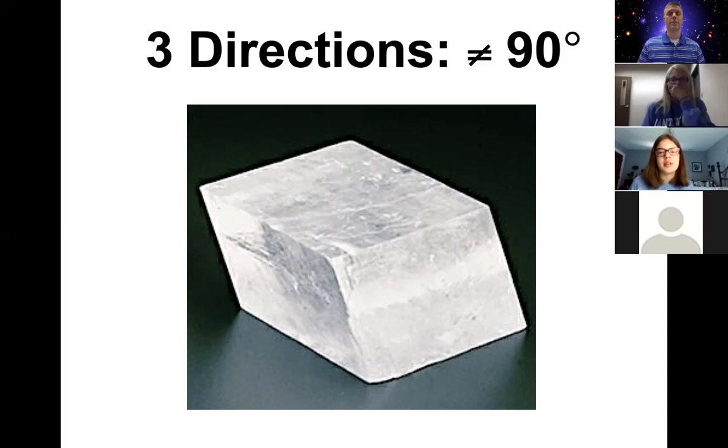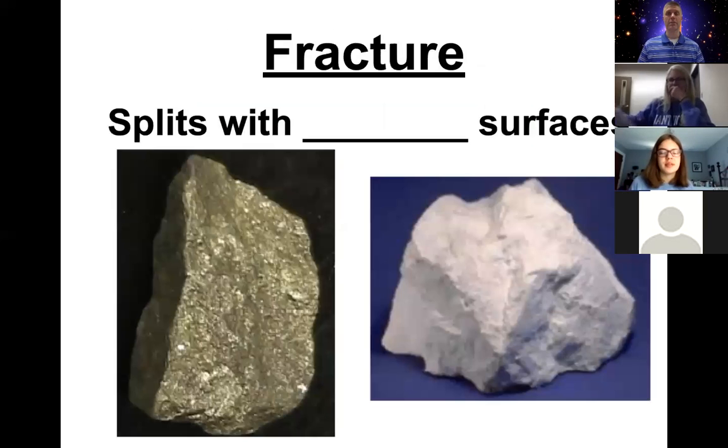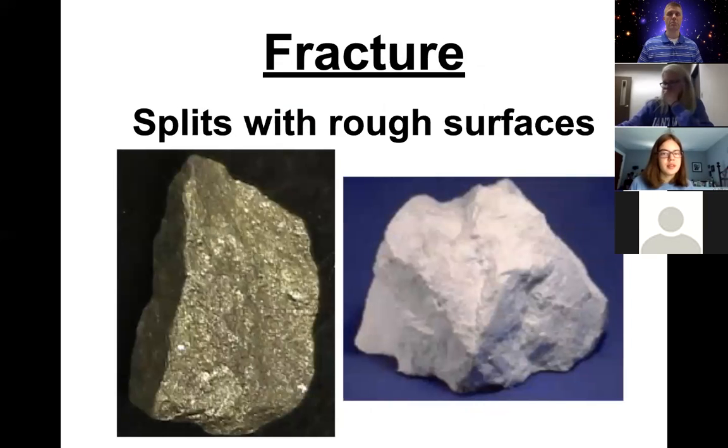All right, so if a mineral doesn't have cleavage, then it has fracture. It splits with rough surfaces. So you don't really know what it's going to look like. With a mineral with cleavage, while every piece might not look exactly like every other piece, you're going to have an idea of what the pieces would look like.